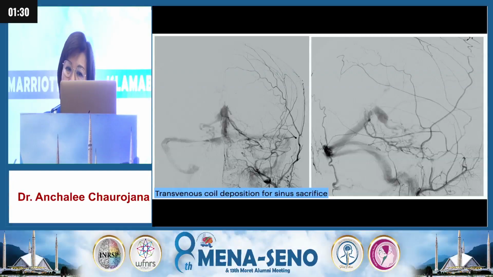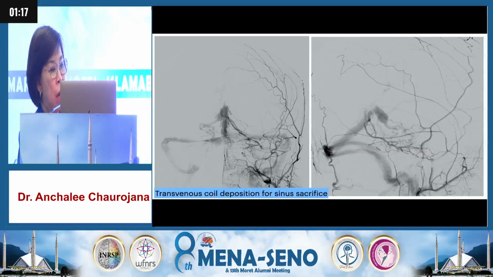So now we plan to treat the second shunt, and it's not difficult because you can see the sinus is patent, so it's easy to go transvenous. Notice the shunt is distal to the straight sinus and close to the vein of Galen.